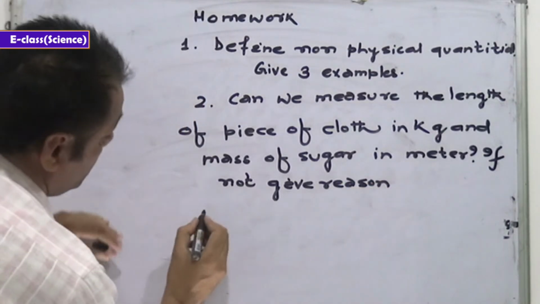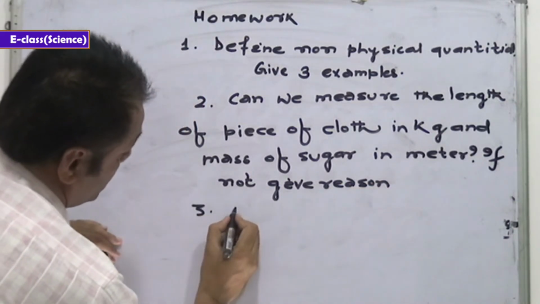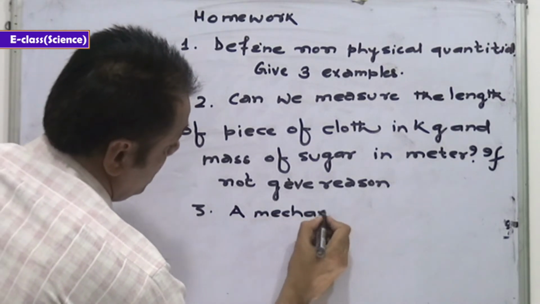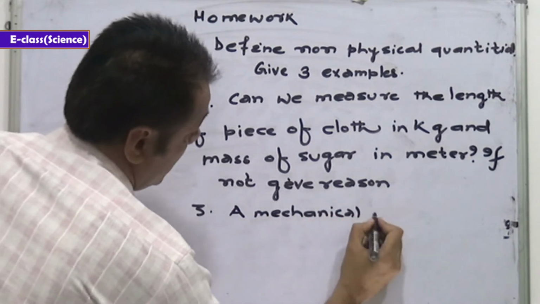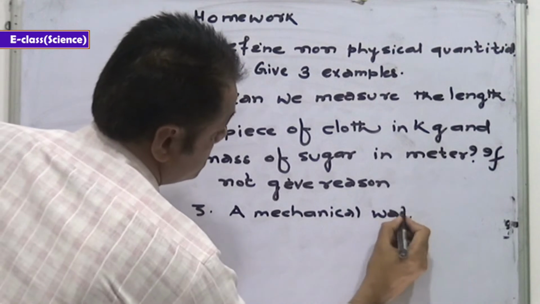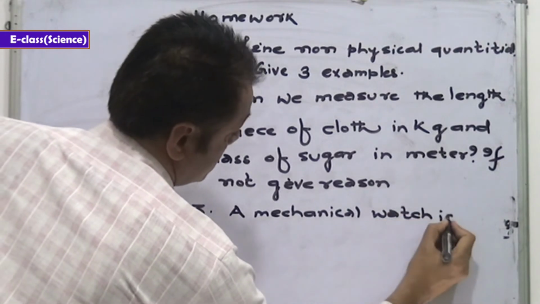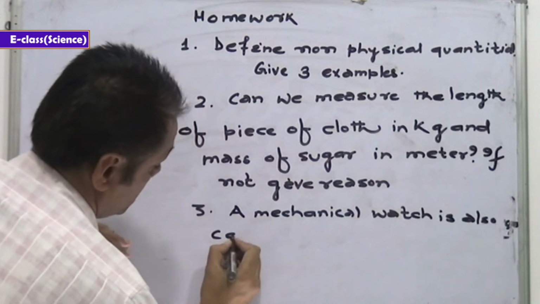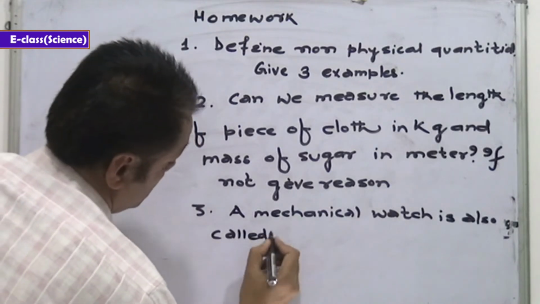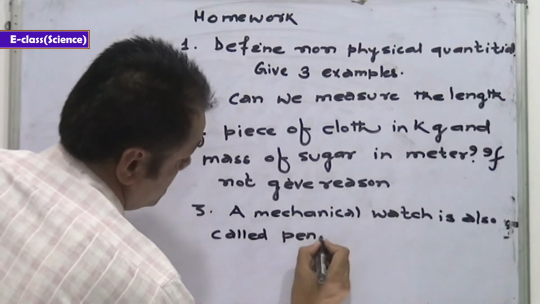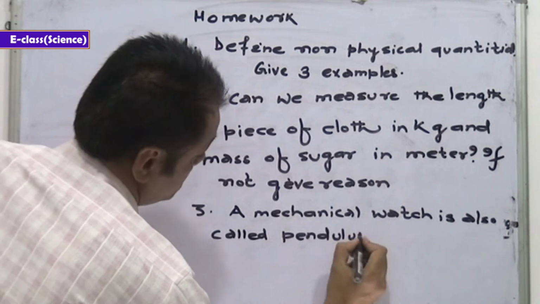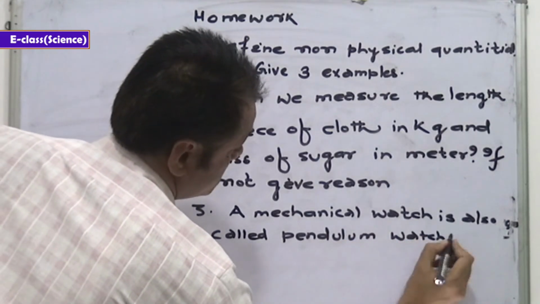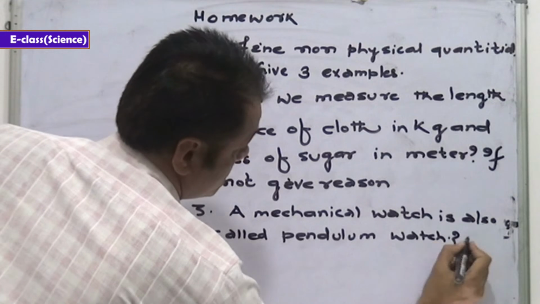The third question: a mechanical watch is also called a pendulum watch. Why?